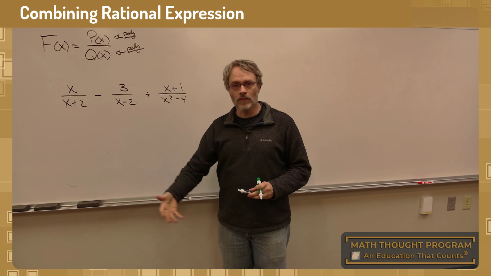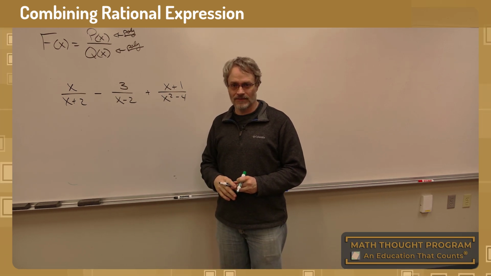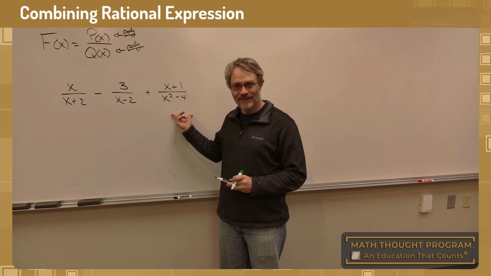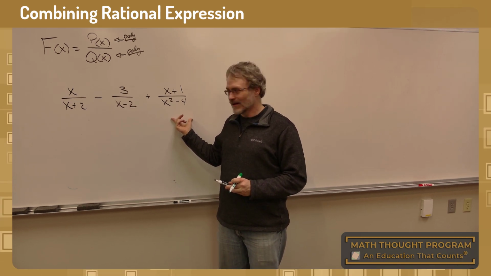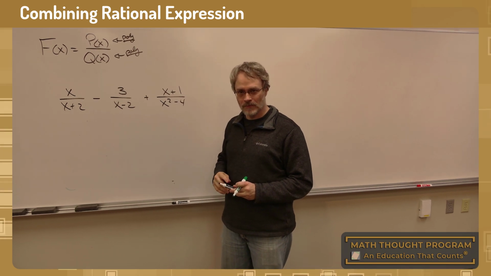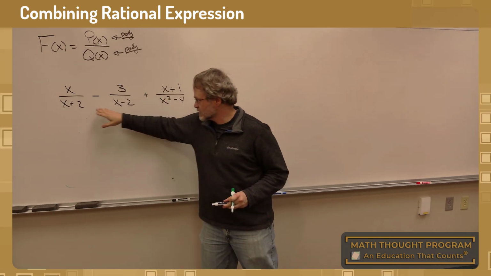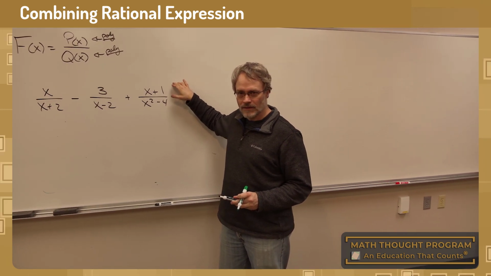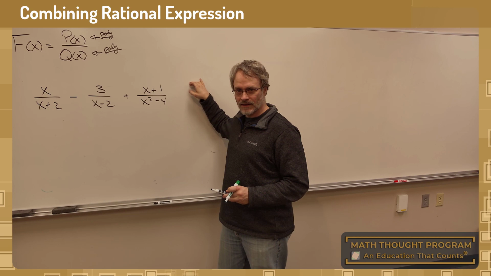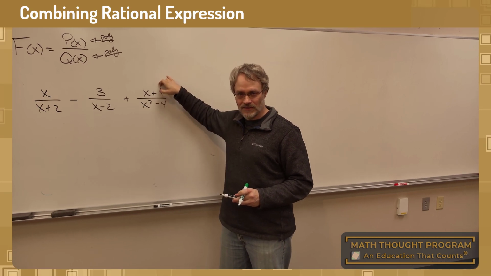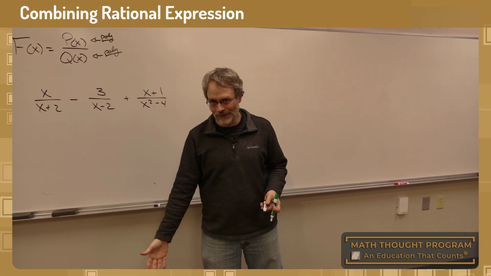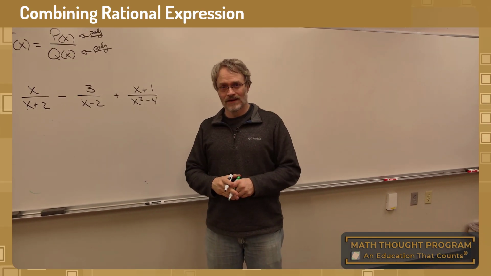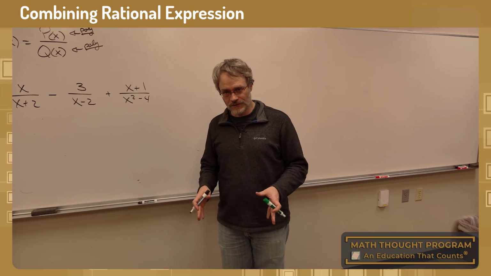But do you see the problem that's going to come about from there? I get a degree 4 polynomial in the denominator. Ouch. And look at the numerator. If I multiply this by x plus 2 and x minus 2 in the numerator and denominator, that's going to be quadratic times the linear. And it doesn't go down the linear. All it's going to do is take that power and crank it up. See, you're making the problem more challenging if you do that.